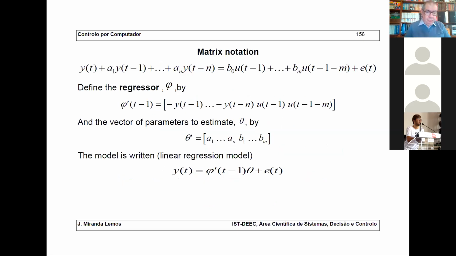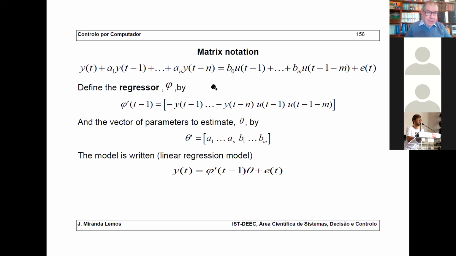Okay, so to use matrix notation, let's suppose that we have this difference equation, okay? Don't forget that E is here because it's just to remind us that we have some deviations with respect to the true. The model will never exactly fit the true data.